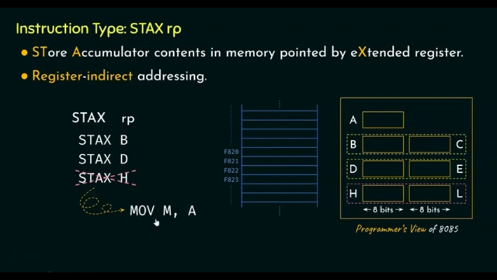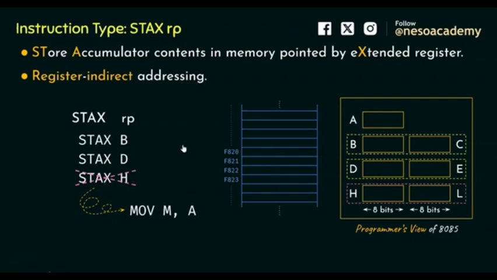This time, MOV M,A will work the same as STAX H would have. That is, using this instruction, we can also store the contents of the accumulator register into the memory location which is going to be pointed by the HL register pair. And that's the reason why we don't have a STAX H instruction in the 8085 microprocessor.